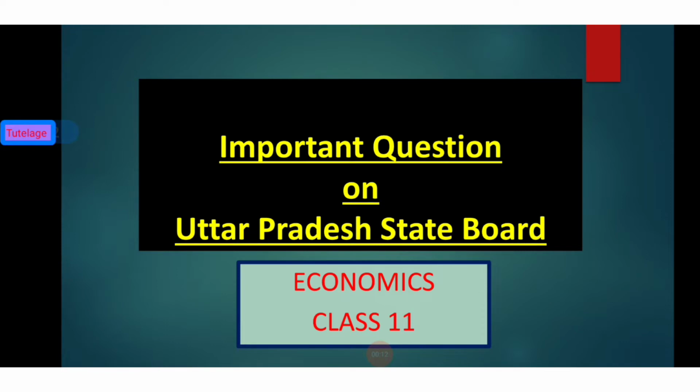Learners, in my previous sessions we have already discussed some question answers on economics of the Karnataka State Board. State board schools are one of the most important educational institutions in every state, so we can't ignore them.